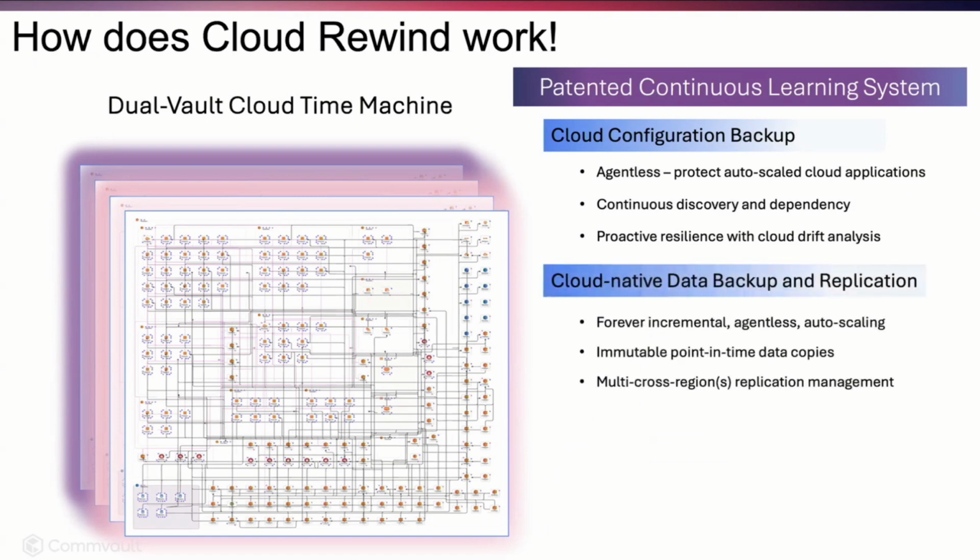Second, Cloud Rewind also orchestrates the data, meaning it takes your application data from one region and replicates it to another region. And we directly employ the cloud-native mechanism. We are using the AWS Backup service or Azure Backup service. In addition to that, we replicate the data. So imagine you have the backup, but we also replicate, so you don't have to buy a replication product.